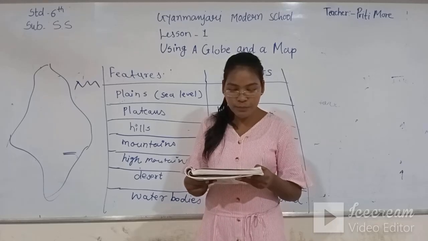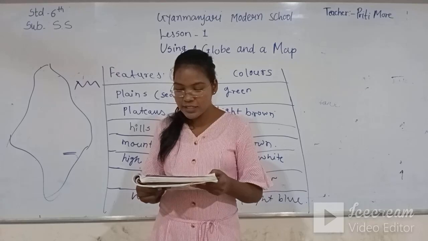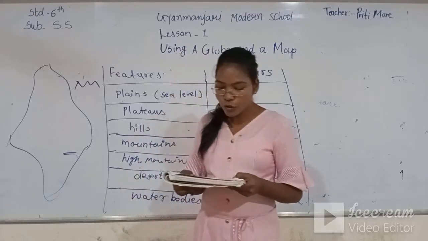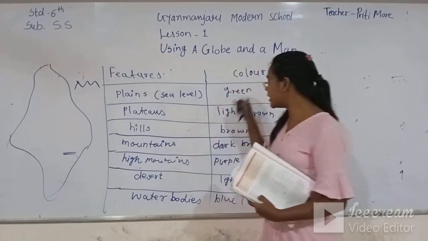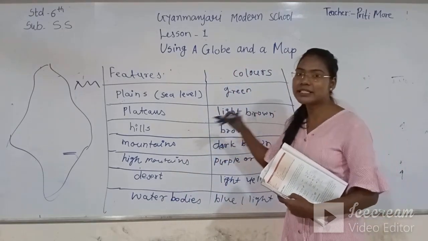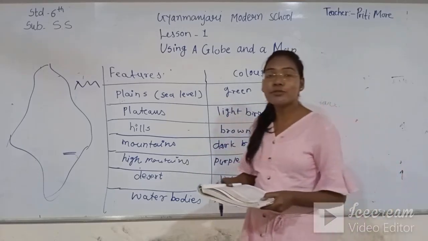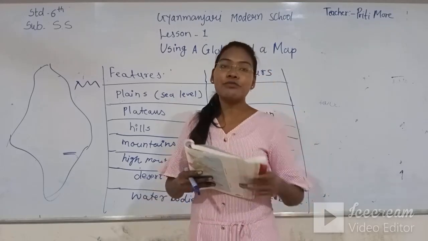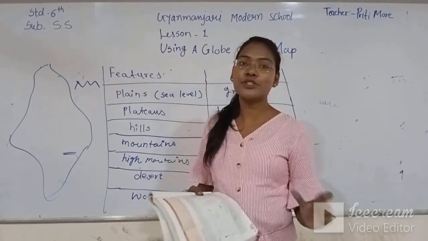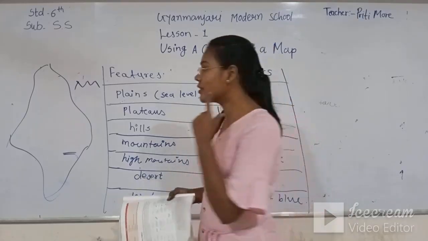If we know the symbols and the standard colors used on the map, we can understand the map even if it is printed in a language we do not know. Once you get all the colors, which color is used for hills, which color is there for desert, and the symbols also, for the railway station, for the school, you will feel it is very easy to understand the map.